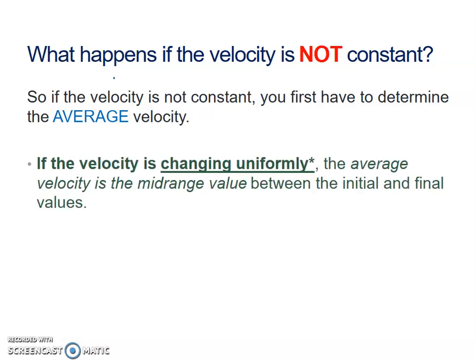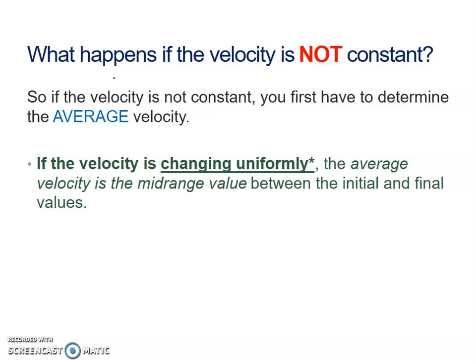Because if the velocity is changing uniformly, by uniformly meaning it's speeding up at the same rate or slowing down at the same rate, the average velocity is the mid-range value between the initial and final.